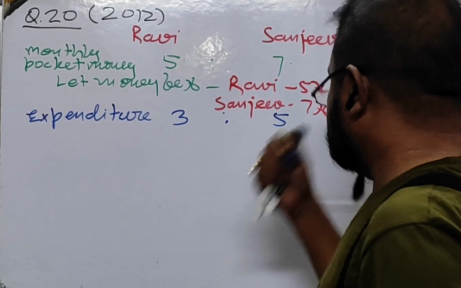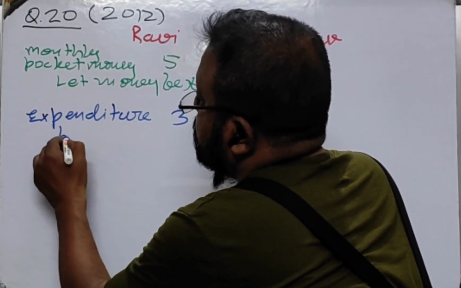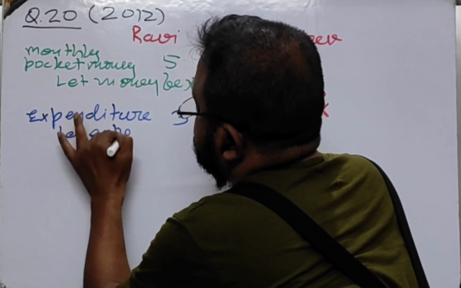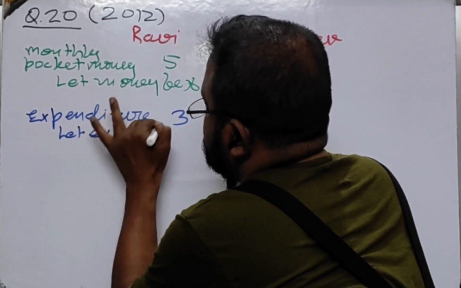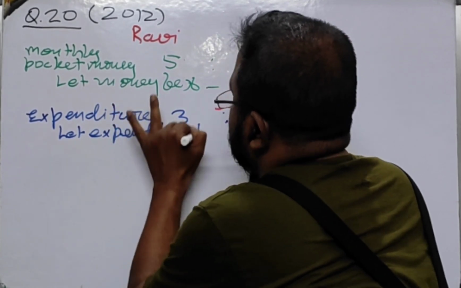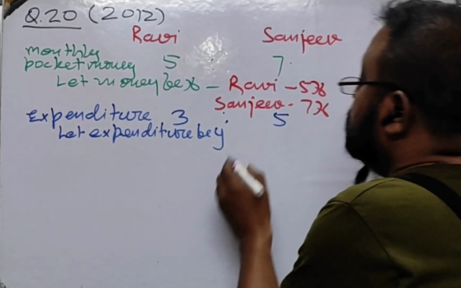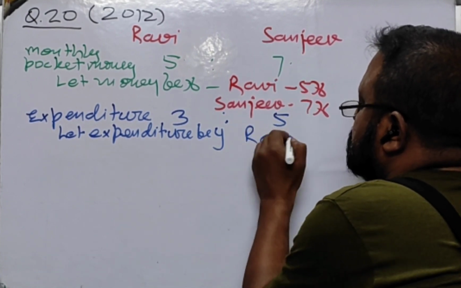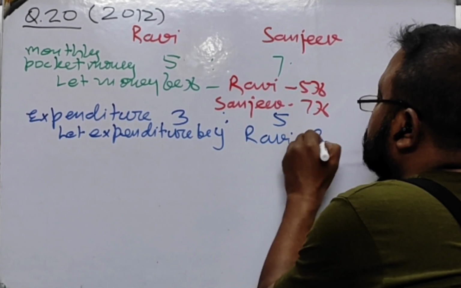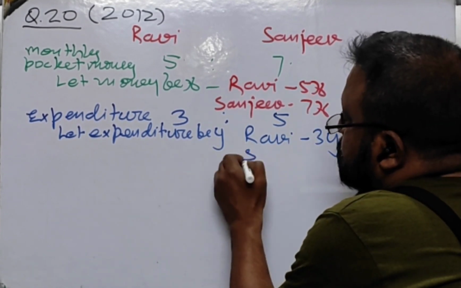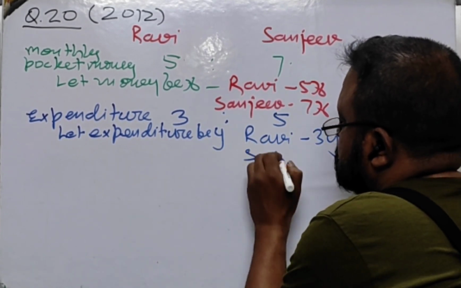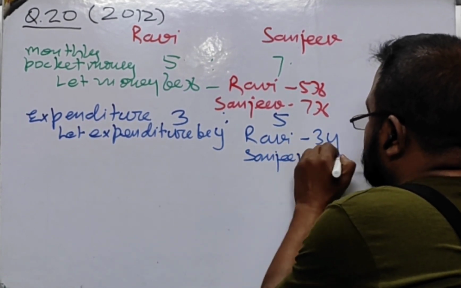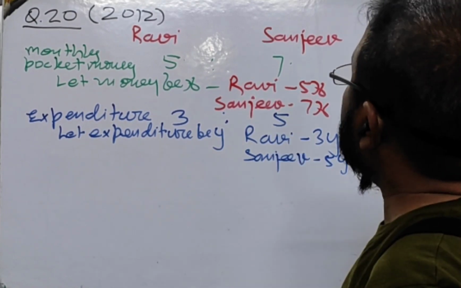Right. So let the expenditure be y. So Ravi has 3y and Sanjeev has 5y. Okay.